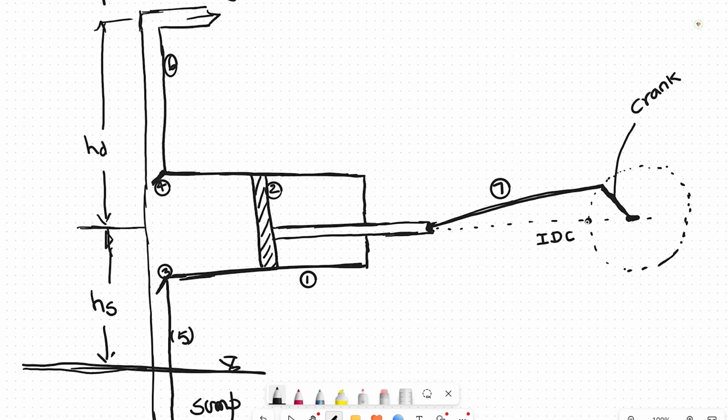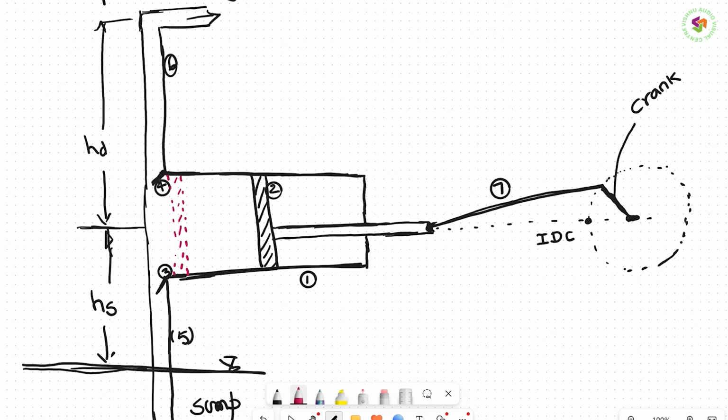The crank position is exactly here. When the crank is here, the piston will be here. This is the position, that means completely closed. When the crank is at the inner dead center, the piston is completely at the beginning of the cylinder.